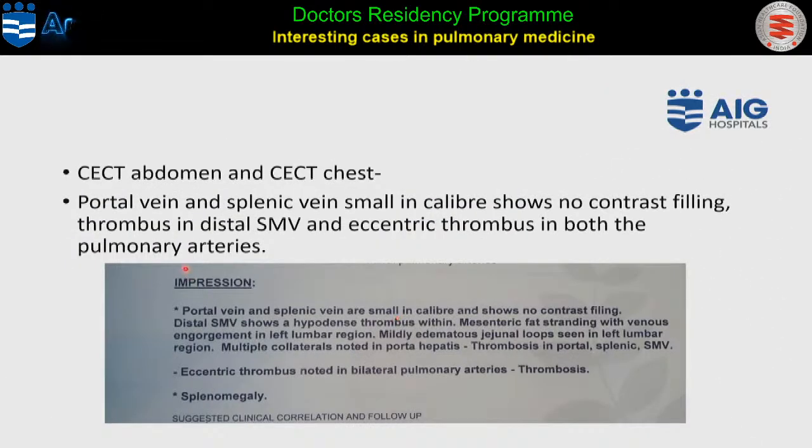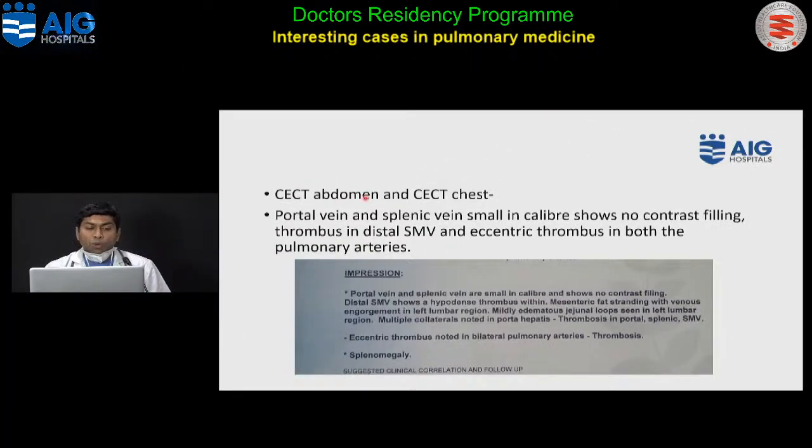If you look at this CT scan report, the CECT abdomen was initially done, and later on, when the lower CT cuts of the abdomen showed that there was a thrombus, we also did a CECT chest. In the CECT abdomen, we found that this patient was having portal vein and splenic vein thrombosis. There was no contrast filling at all, and there was an eccentric thrombus in both the lower lobe pulmonary arteries.